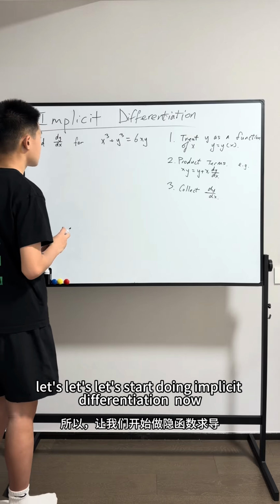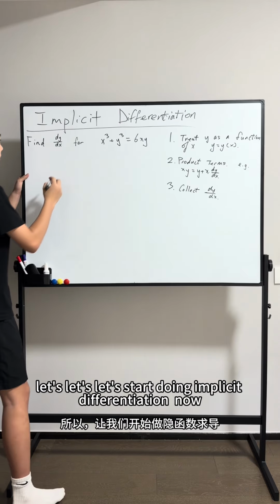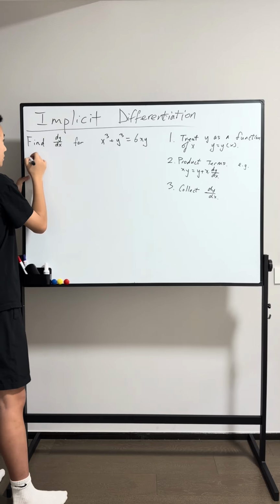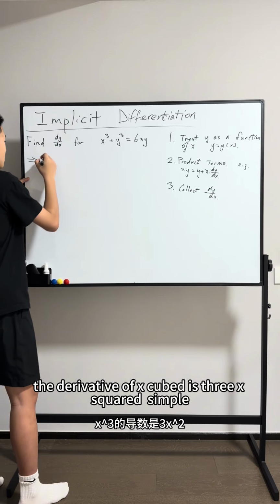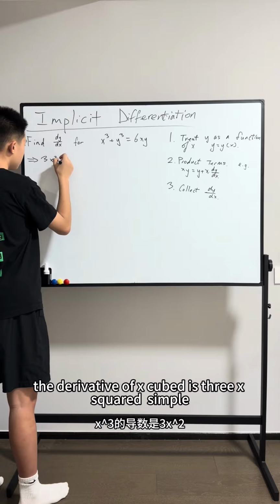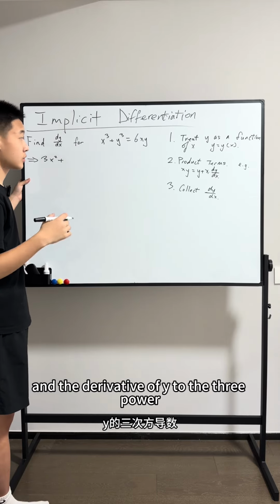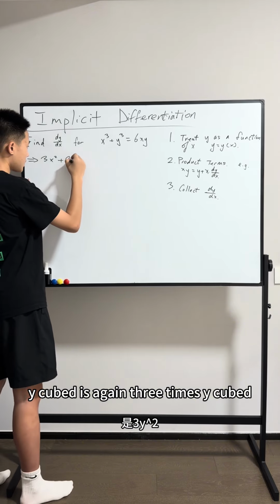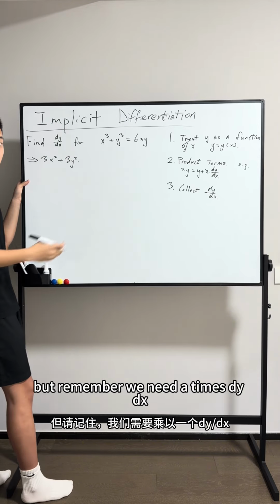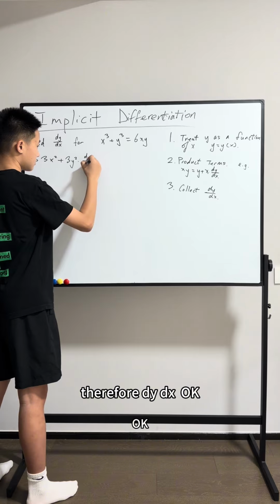So let's start doing implicit differentiation. The derivative of x cubed is 3x squared, simple. And the derivative of y cubed is 3y squared. But remember, we need to multiply by dy dx, therefore 3y squared dy dx.